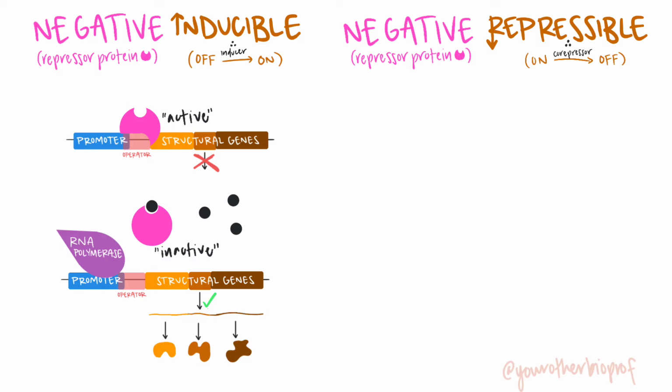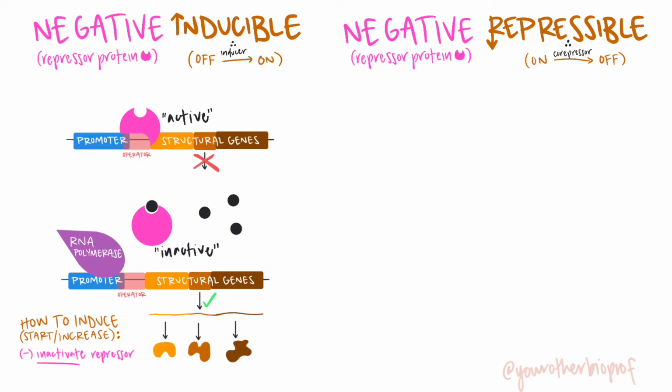But if we add inducer, the inducer binds to the repressor, changing its shape. And with this shape change, it becomes inactive. It can't bind the operator, it's no longer in the way, and RNA polymerase can do its thing. Transcription is induced. The lac operon is the go-to example of a negative inducible operon.